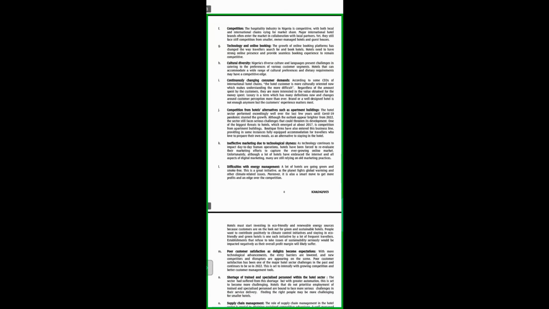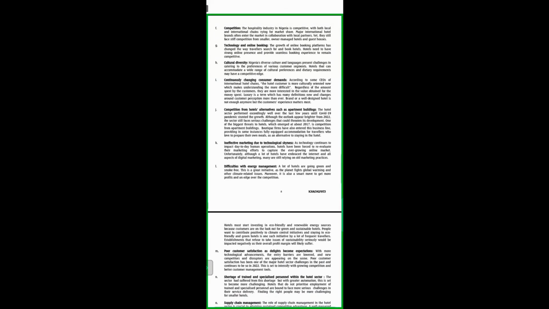Luxury is a term which has many definitions now and changes around customer perception more than ever. A brand or a well-designed hotel is not enough anymore, but the customer's experience matters most.